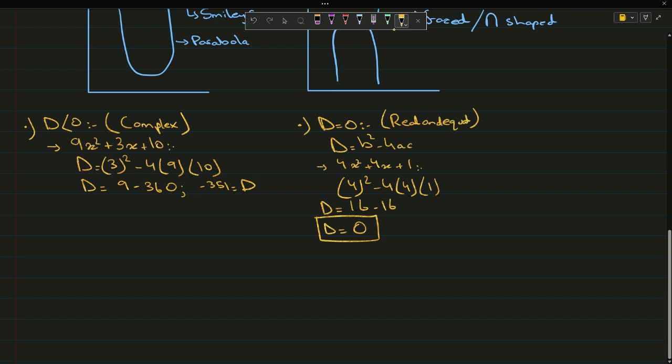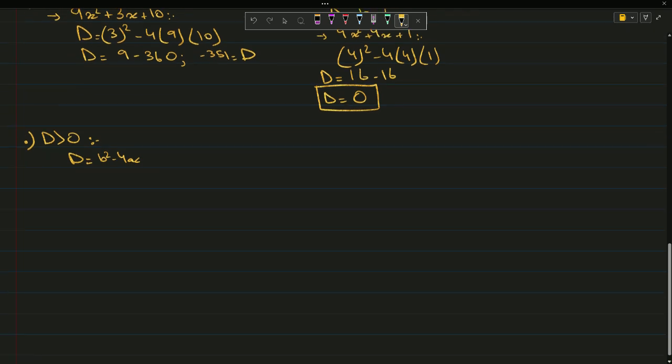Now, second thing done. The third and final example before I move on to the graphs of all these discriminants would be what happens when d would be greater than 0. Let's write the formula first, b square minus 4ac. Then let me make an example in my mind.